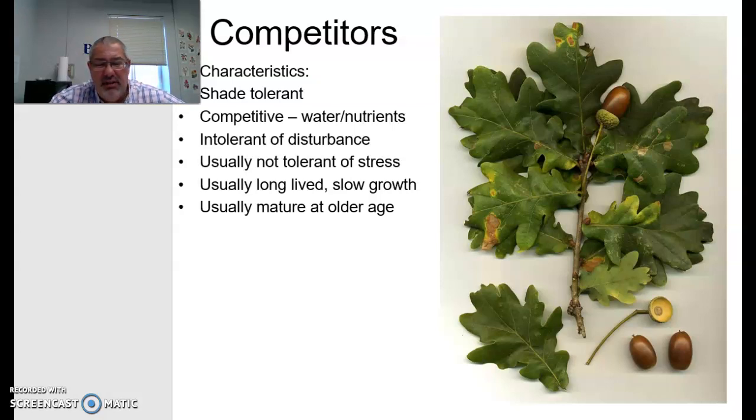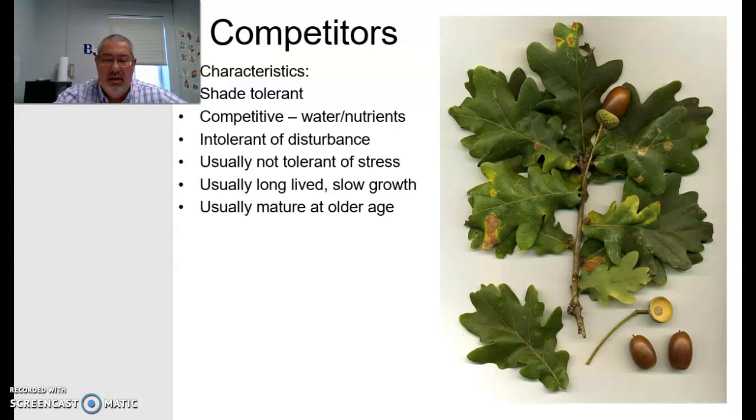They're not very tolerant of disturbance or water stress, but they're usually very long lived, and when they do reproduce, they tend to put a lot of energy into their offspring.